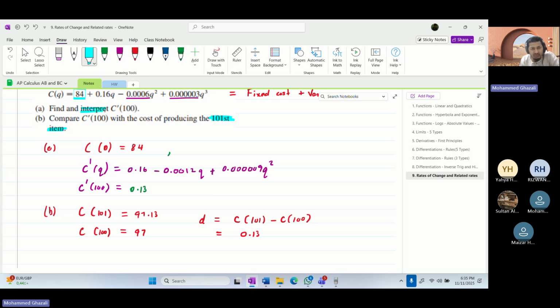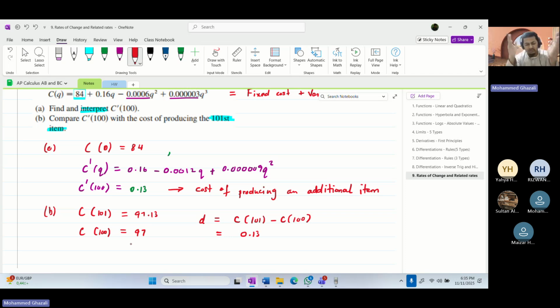So remember what they said. This is the cost of producing an additional item. And see what I did. I found C of 101 and C of 100.